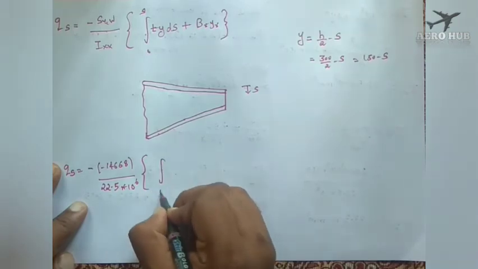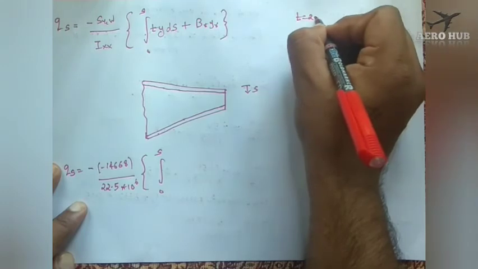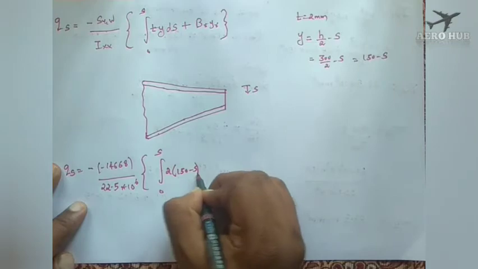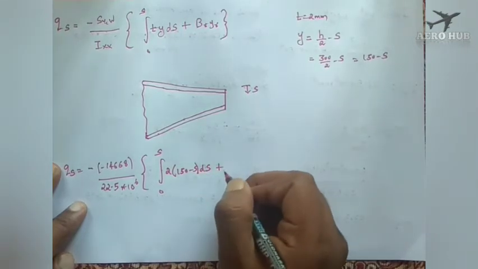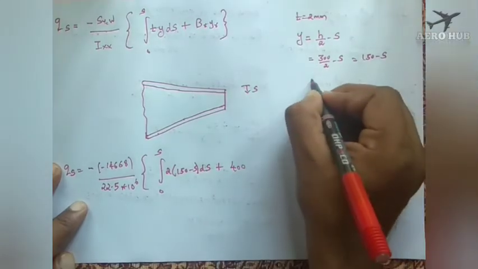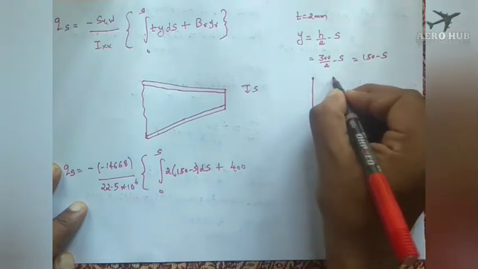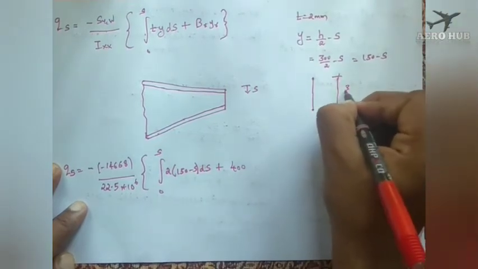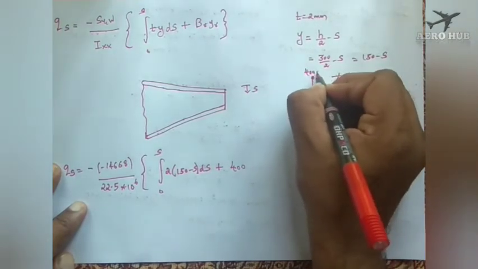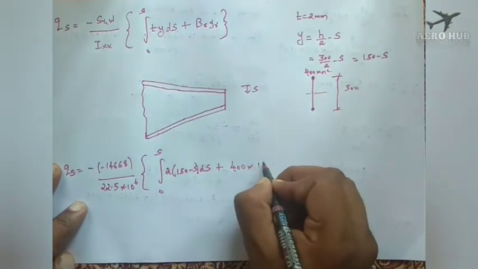Integral 0 to s, the thickness is t equal to 2 mm, 2 into the y value, 150 minus s, into ds, plus the flange area. We have two flange areas here, 400 millimeter square each, so the value of y will be 150.